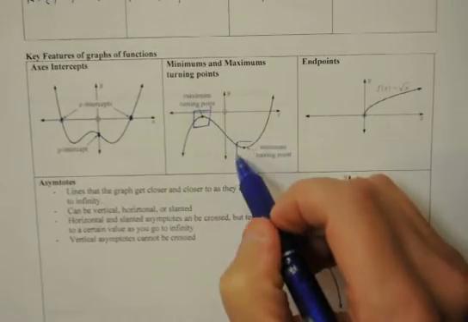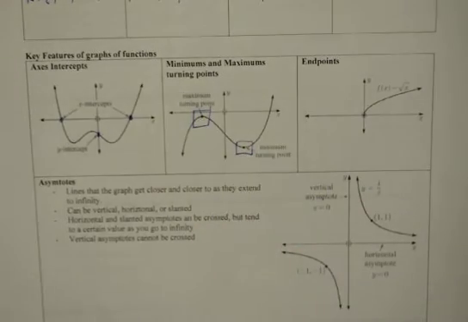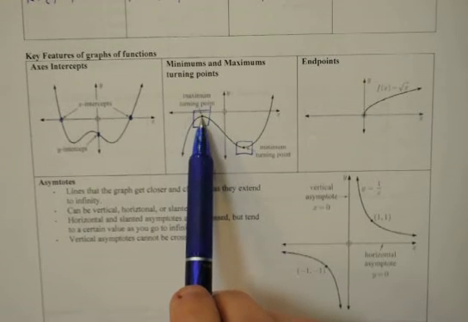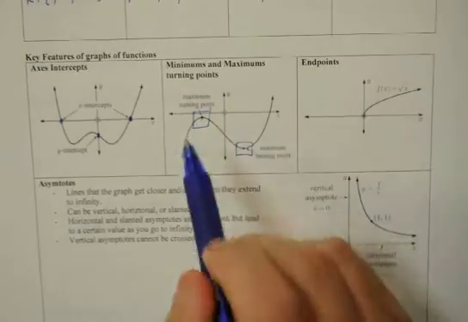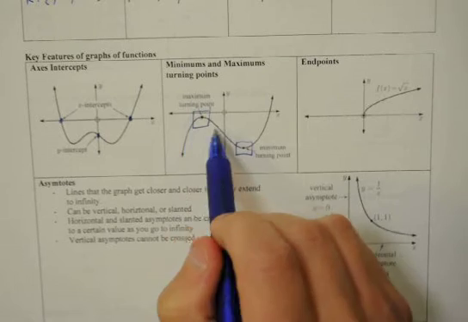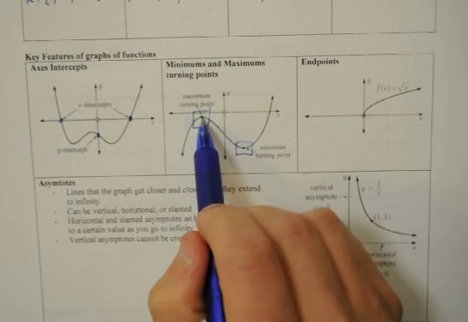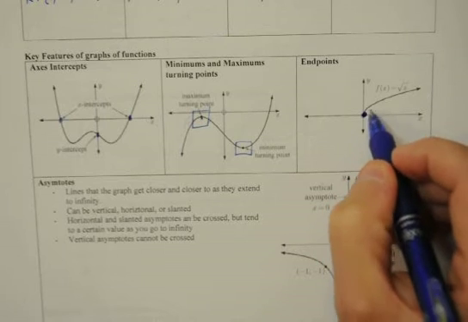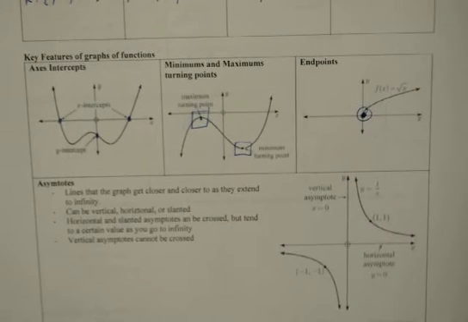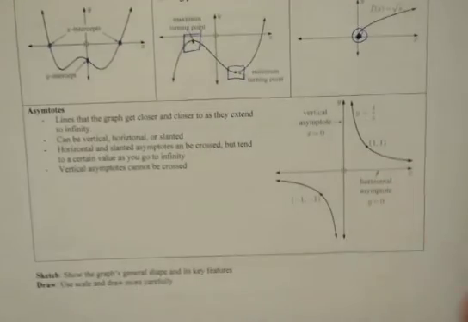If you zoom in on this locally, it's smaller than any point around it. Is this the absolute maximum? No, because there's values over here that go above this. But locally, it's the maximum. Endpoints. So like on a square root function, you got an endpoint. Keep those in mind. And then asymptotes.